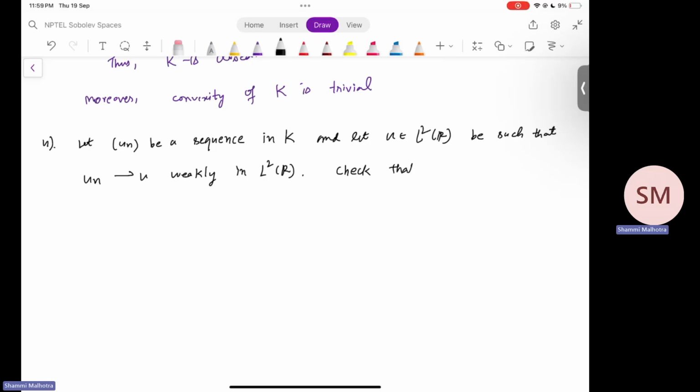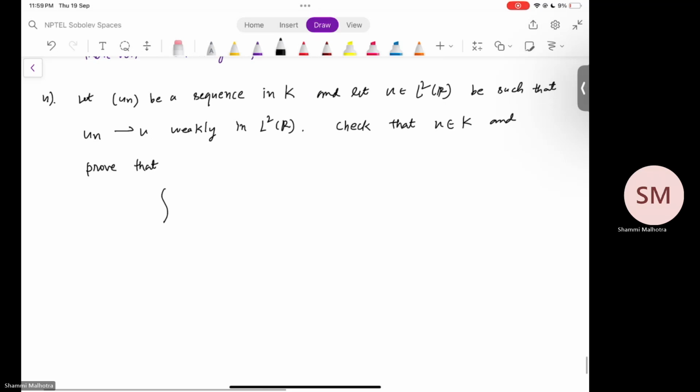Check that u is in K and prove that the integral over R of 1 over |x| to the power alpha times u_n(x) dx converges to the integral over R of 1 over |x| to the power alpha times u(x) dx.